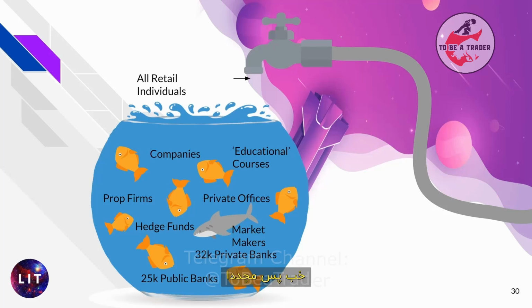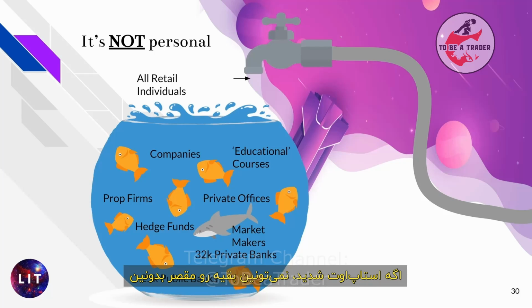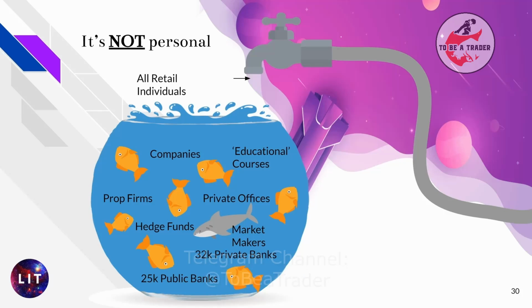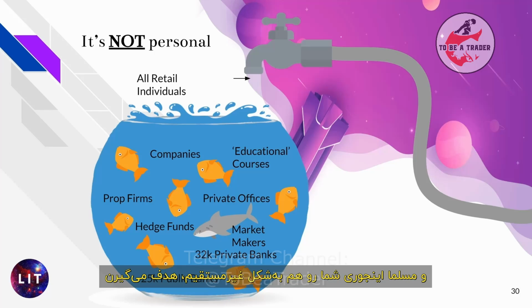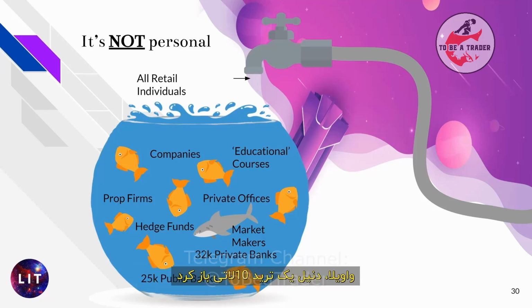So again, it's not a personal thing. If you get stopped out, you cannot blame, oh, that's a stopper and the broker took me out. They don't care about that. They target the overall strategies, and that's how they target you indirectly. But they will never target you directly and say, oh my God, Daniel opened a 10 lot trade, let me stop him out.